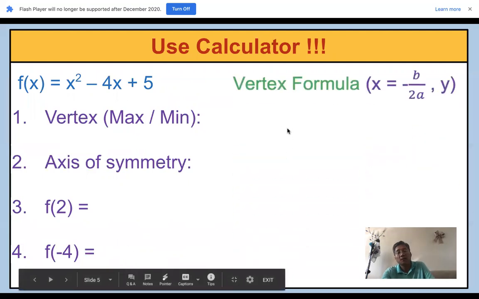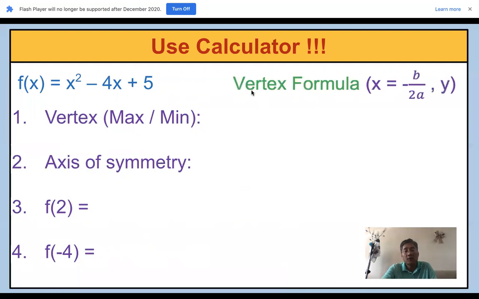But now we learned in Algebra 1 that the vertex formula is x equals negative b over 2a. Once you get the x value, you plug it in here and get the y value, right? So what is b? Negative 4. So negative negative 4, which is 4, over 2 times a. What is a? 1.